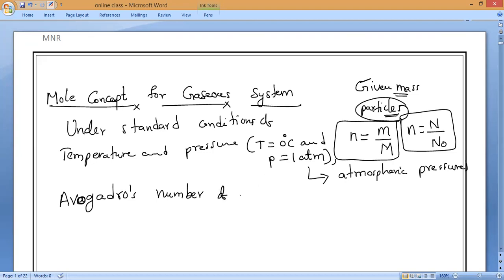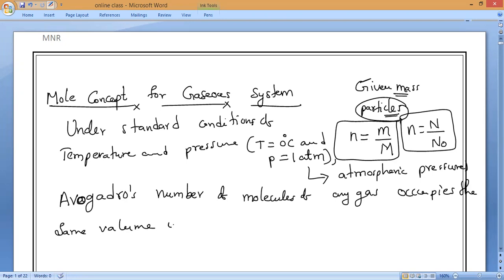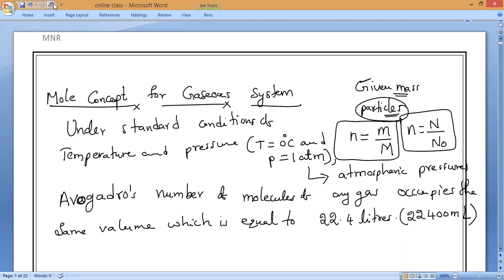Avogadro number of molecules of any gas occupies the same volume, which is equal to 22.4 liters, or else we will say 22,400 milliliters. If anybody has any doubt, you can ask.